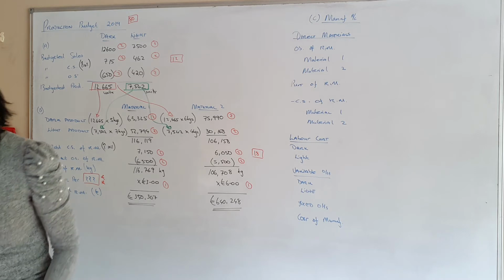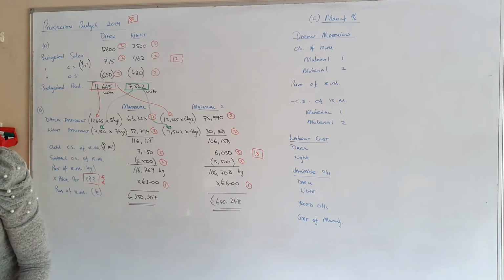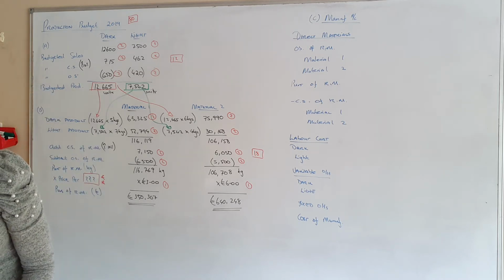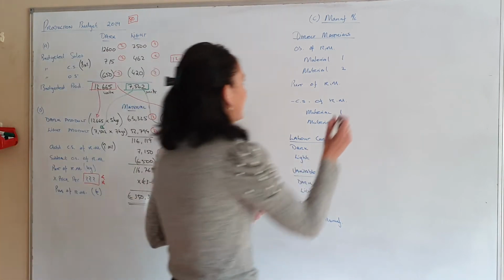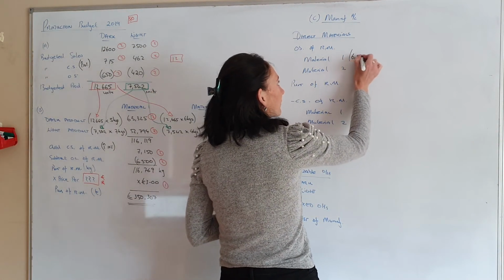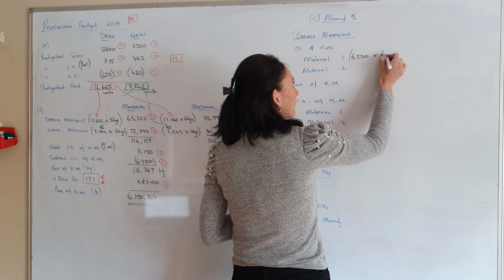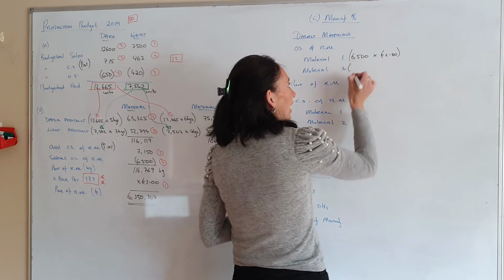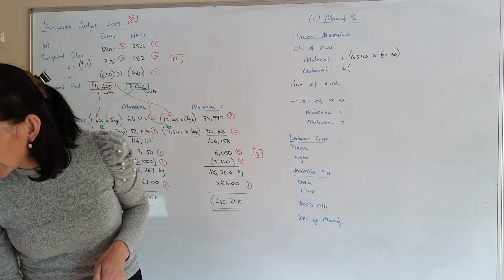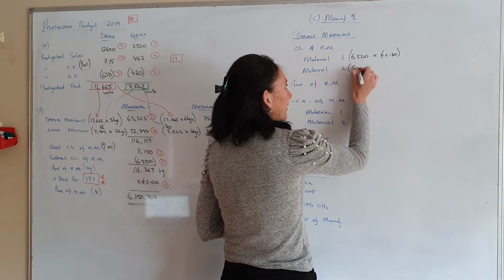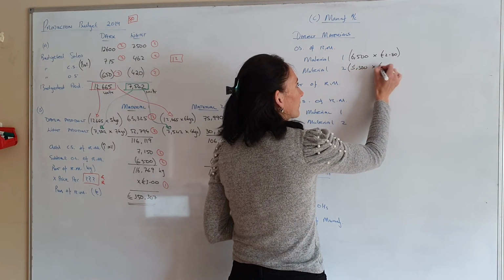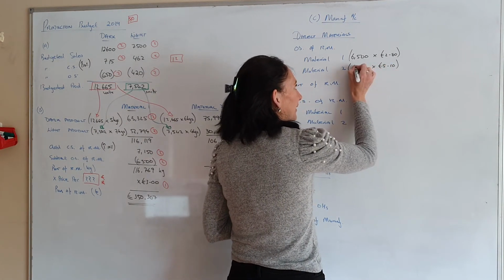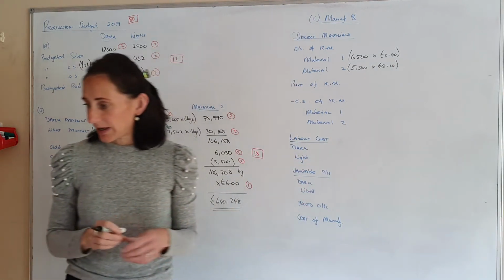In table 4. So your opening stock here, they're saying it's 6,500 kilograms at 280. And material 2, it's 5,500 by 510. Now I'm just getting that information straight from the exam.